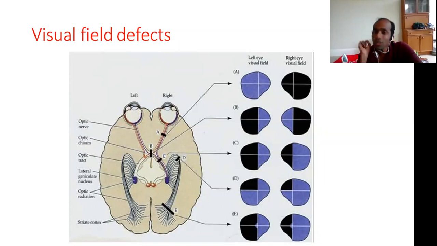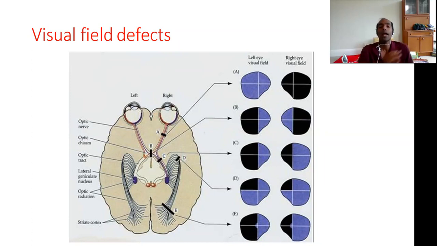There is one more thing you need to know about homonymous hemianopia as a medical student. Now, if you take the occipital cortical lesions, the commonest area that is involved in homonymous hemianopia is the occipital cortex. A little more about that.